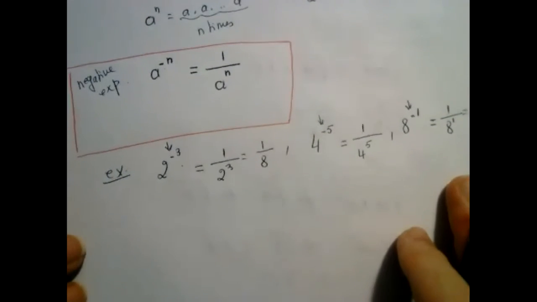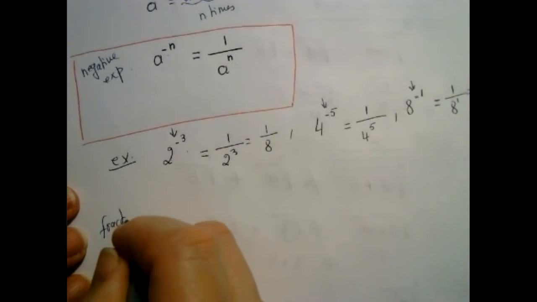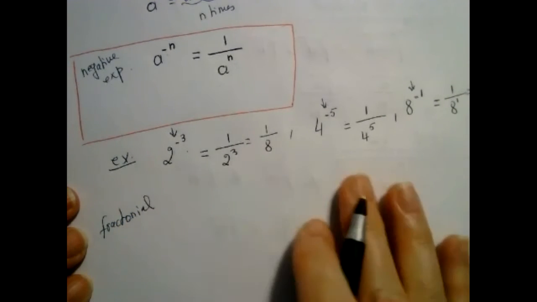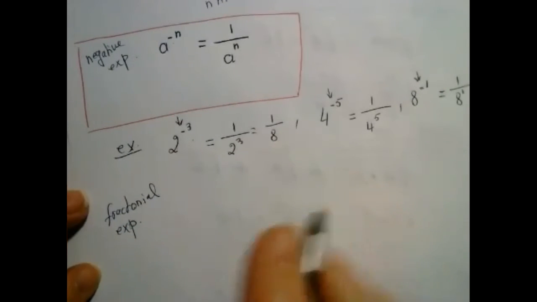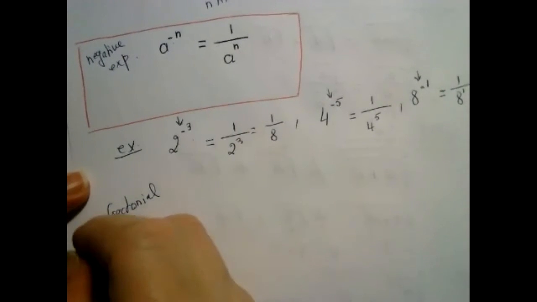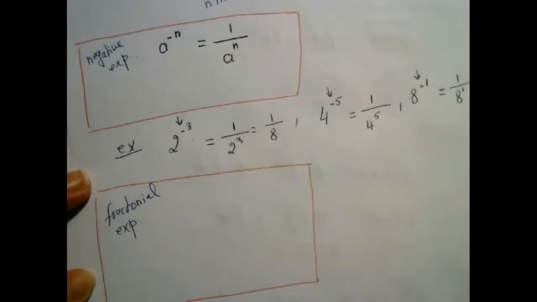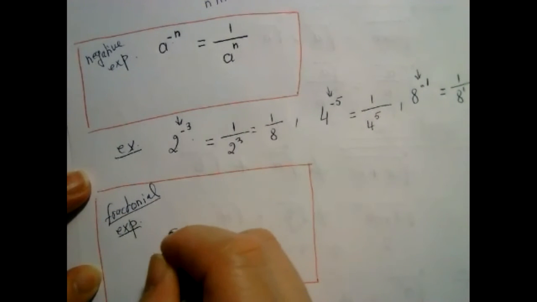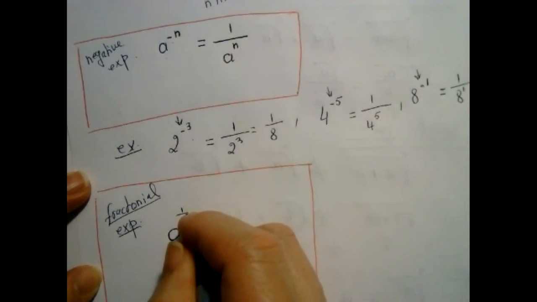Now, fractional exponent. We're going to see two of them. Sometimes you have a, but the power is something like 1 over n.